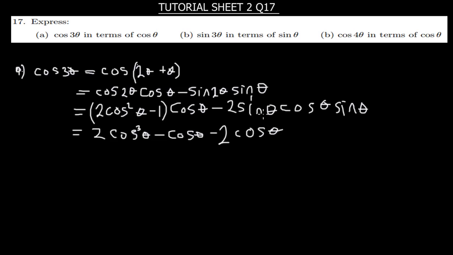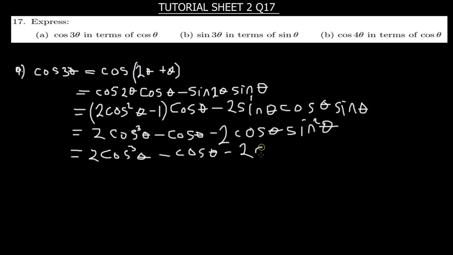But remember, we have sine times sine there, which gives us sine squared theta. So this is the same as 2 cos cubed theta minus cos theta, then minus 2 cos theta, sine squared theta.